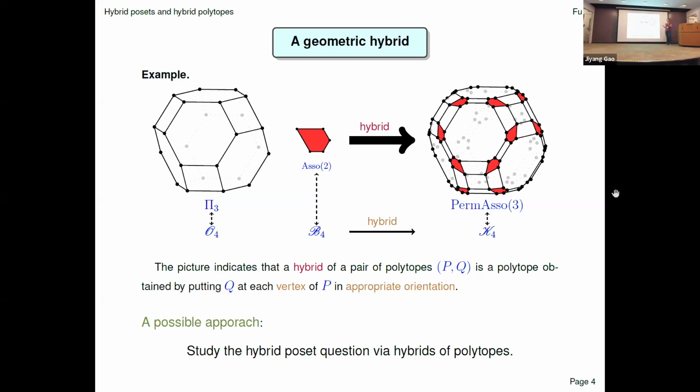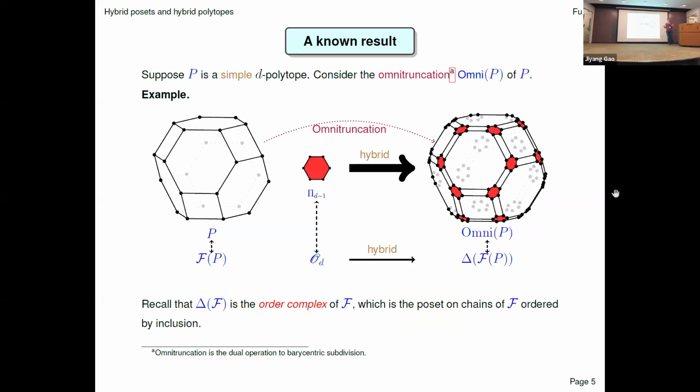And if I take this to be a way of thinking about hybrid polytopes, maybe I can use this as an approach to study the hybrid question of posets, the hybrids of polytopes, and using the face poset as a connection. So in the last two slides, I will just provide you two instances of hybrid structure arising exactly this way. The first one is a restatement of a known result in the literature.